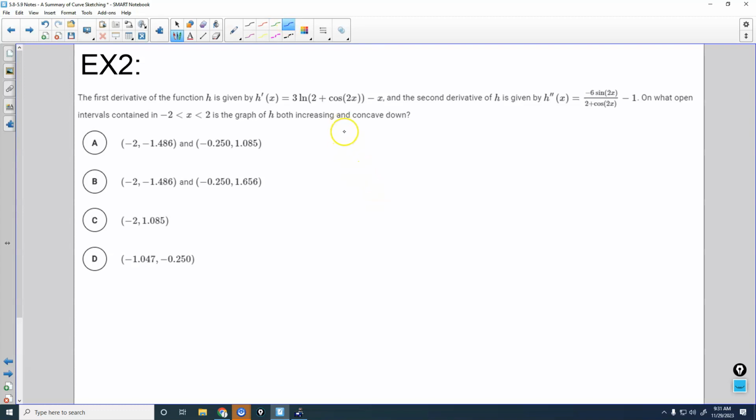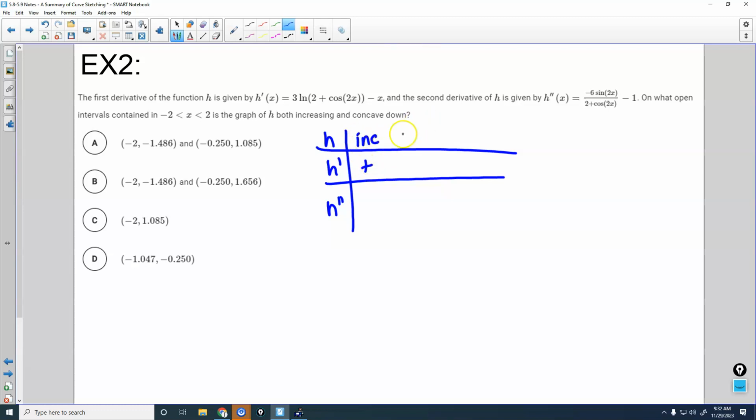Okay, so what I like to do is think of that chart that we've made multiple times, because you could look at both h and h prime, or h prime and h double prime, since they gave you both equations here. But it's going to save you a lot of time if you only look at one. I know that if this is increasing, h prime will be positive. Decreasing, h prime will be negative.